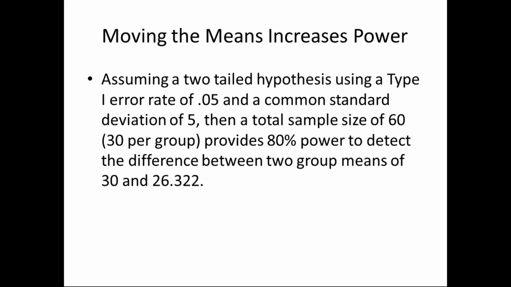Assuming a two-tailed hypothesis, using a type 1 error rate of 0.05 and a common standard deviation of 5, sample size 60, but I wanted 80% power. Remember, the first one was 47, and that was 2.5. To get to 80%, I'm going to have to move them further apart. So to get to 80%, I had better be looking for about a 3.3 difference. That would give me 80% power.